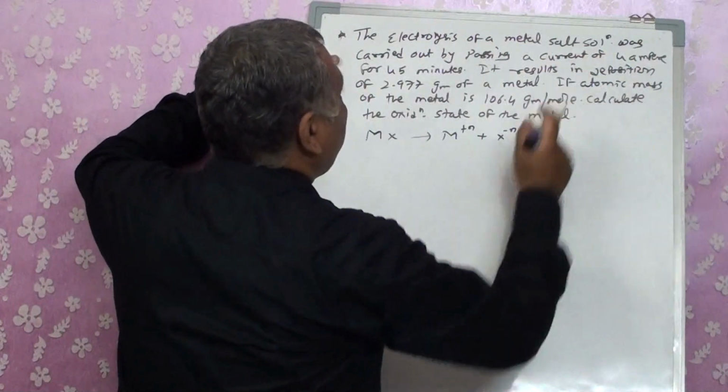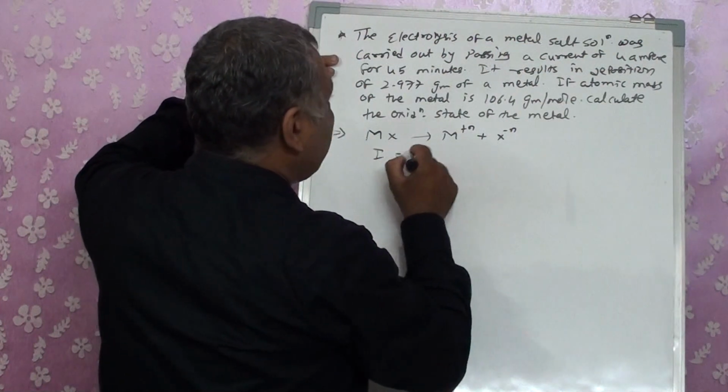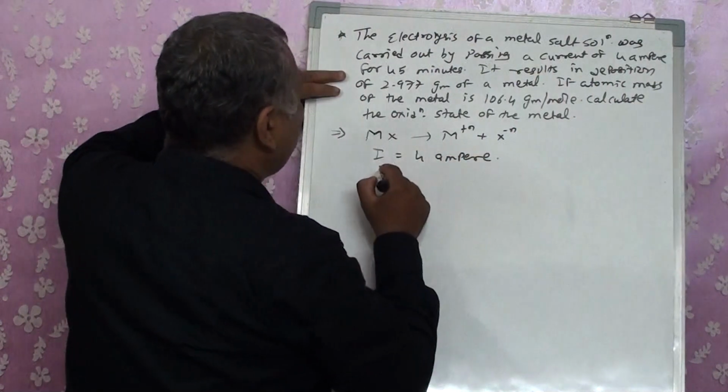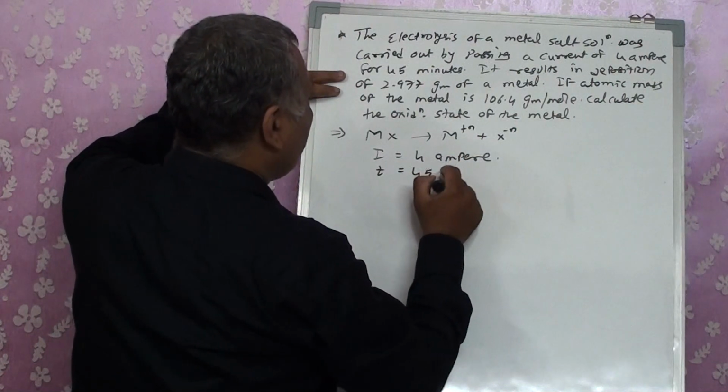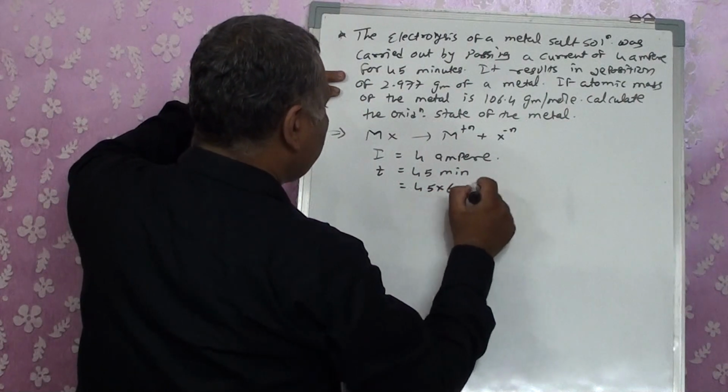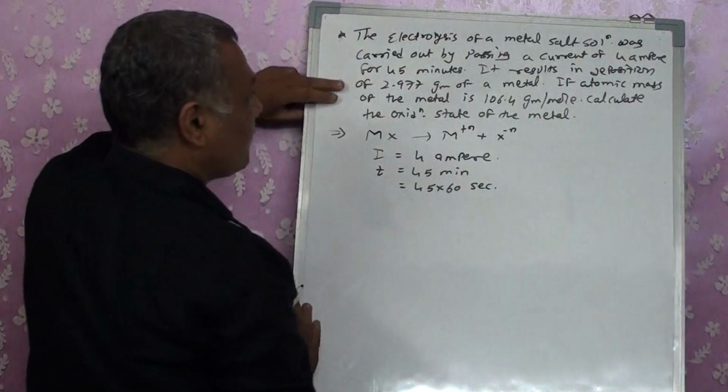The electrolysis was carried out by passing a current, I is given as 4 ampere, time is given as 45 minutes, that is 45 into 60 seconds.